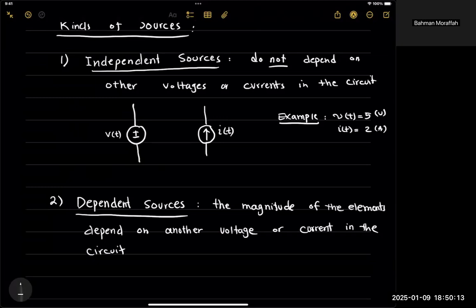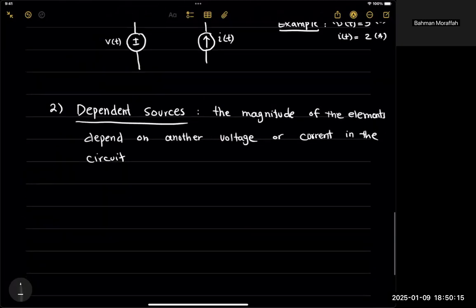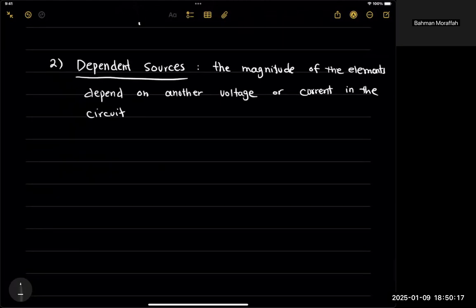In general, we have 4 types of dependent sources.